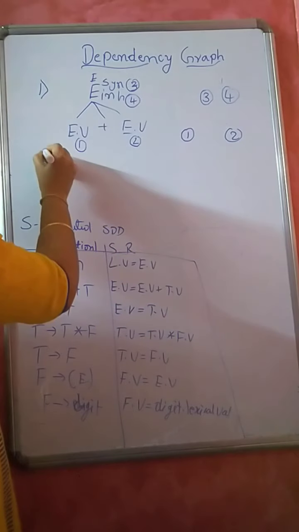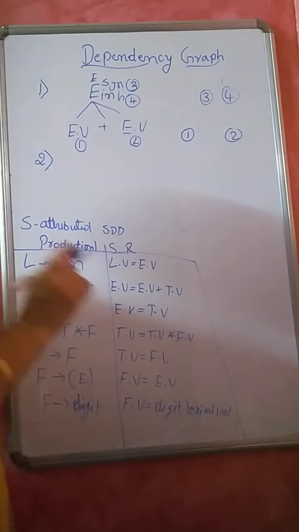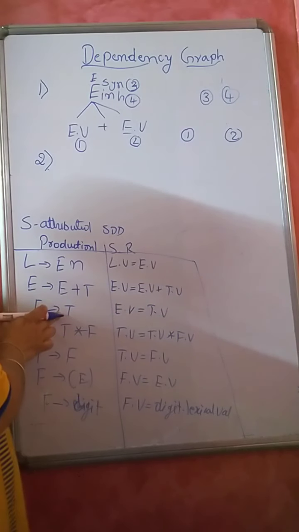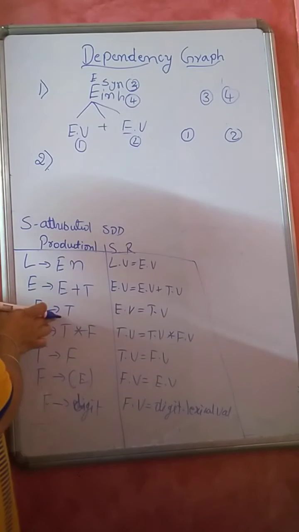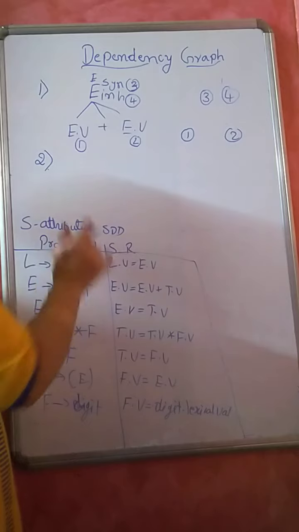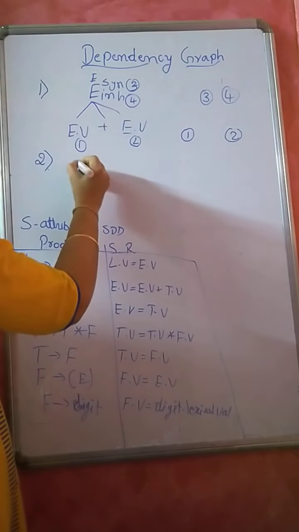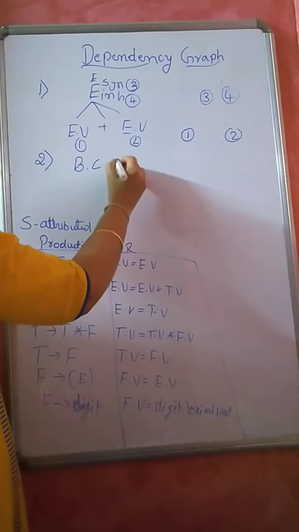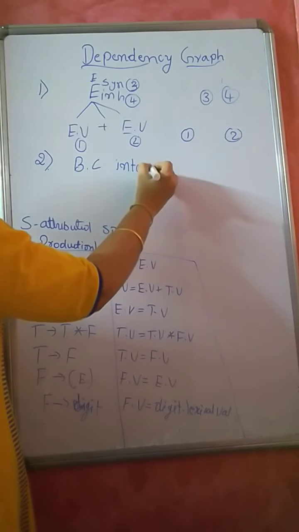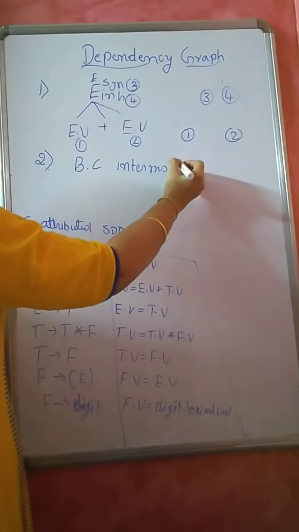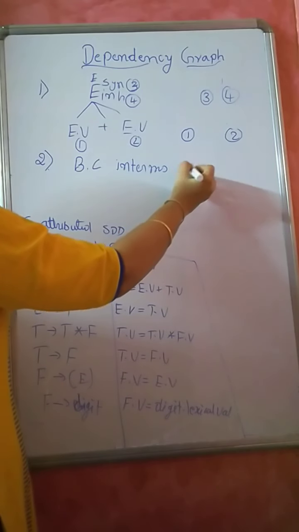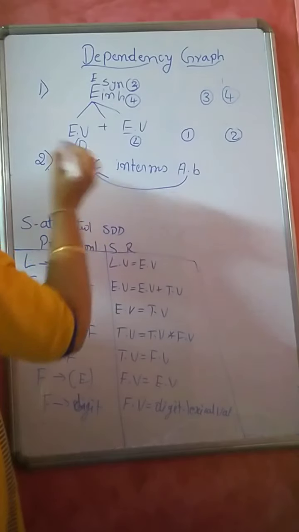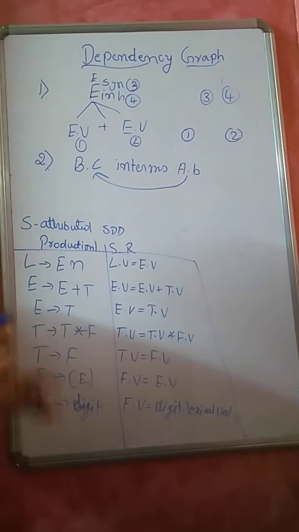That is the first step. And the second step is, suppose I am using the semantic rules associated with the production, which will compute the synthesized attribute associated with any of the non-terminals in terms of some attribute value, say A.B, then there should be an edge from A.B to B.C. It is simple.